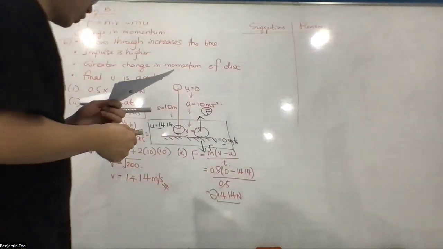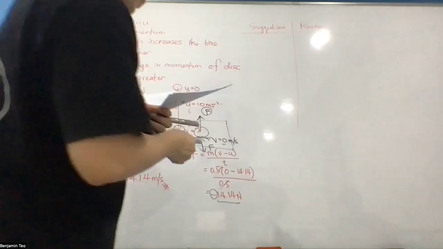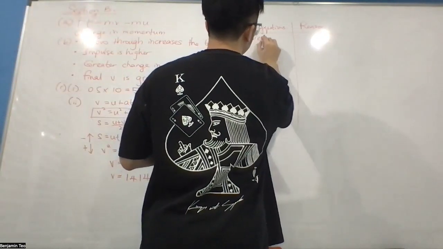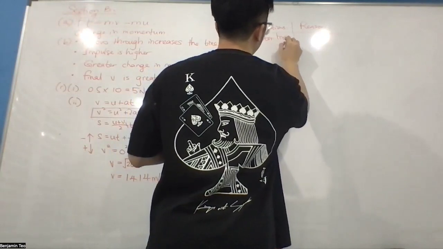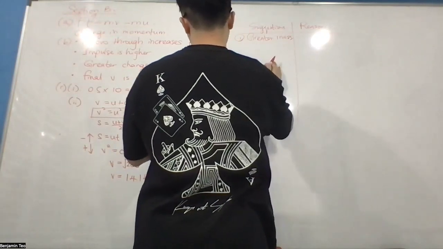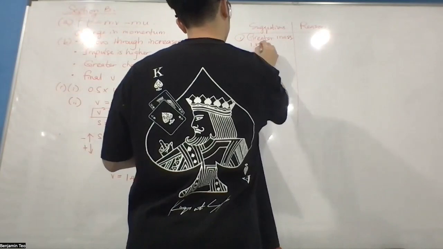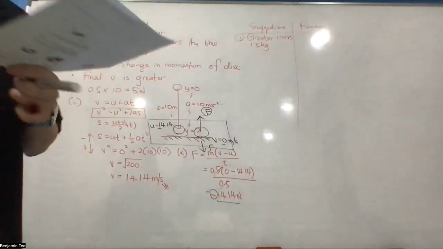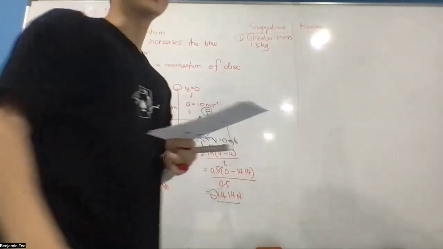Okay, suggestion number 1, mass of the bat. Greater mass, okay. 1.5 kg. Why greater mass? So that you can show that it has greater momentum.